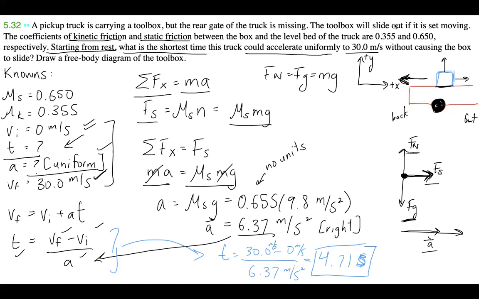Remember that, one thing I should have pointed out earlier, is that this is actually the maximum scenario, right? So this is maximum, but really your force of static friction could be less than that.